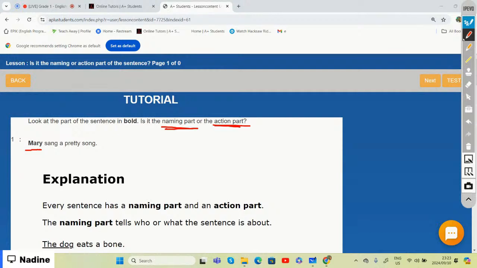If we look at that sentence, Mary sang a pretty song, then this word that's in bold, we can say this is a naming part. This is a naming part because it tells us who the sentence is about. That sentence is about Mary.